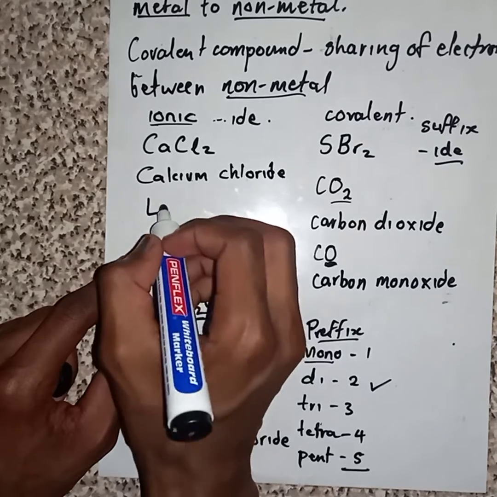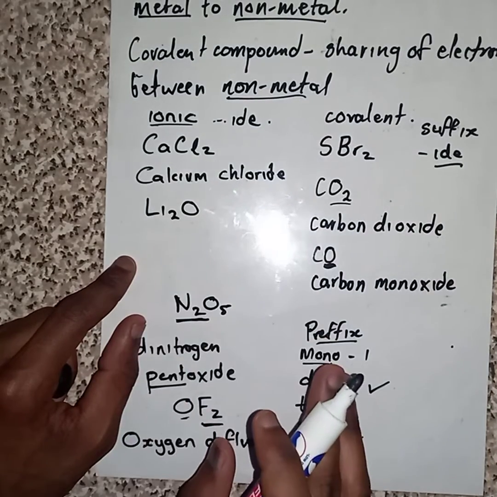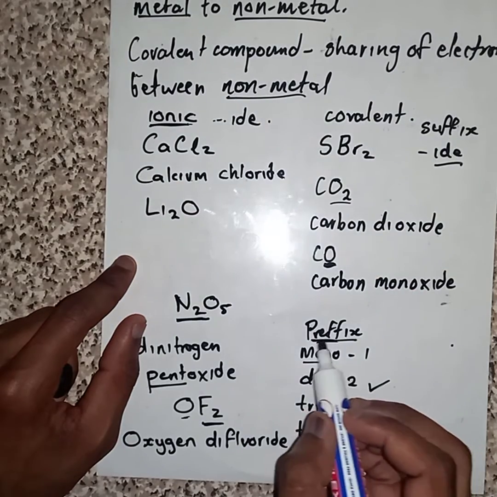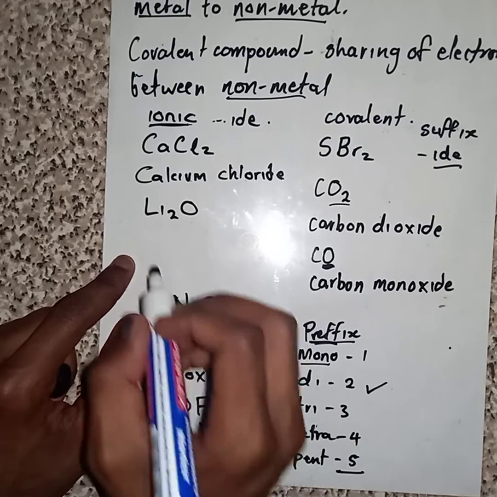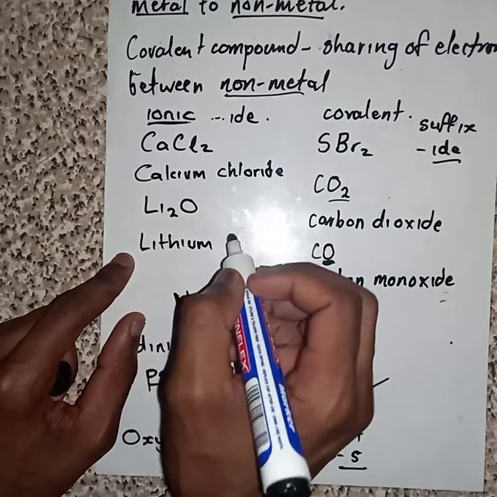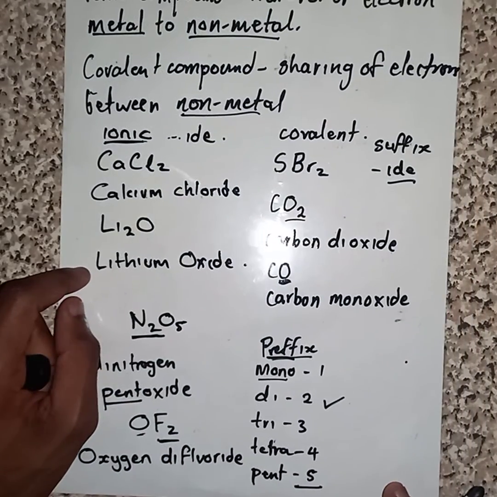Then if I have Li2O, we don't say dilithium. No. For ionic, we don't use this prefix. We say lithium oxide.